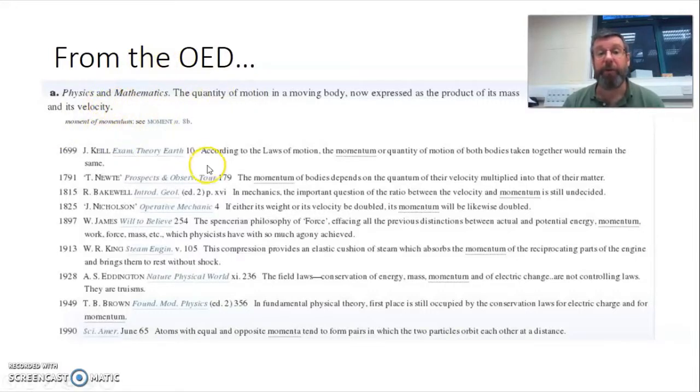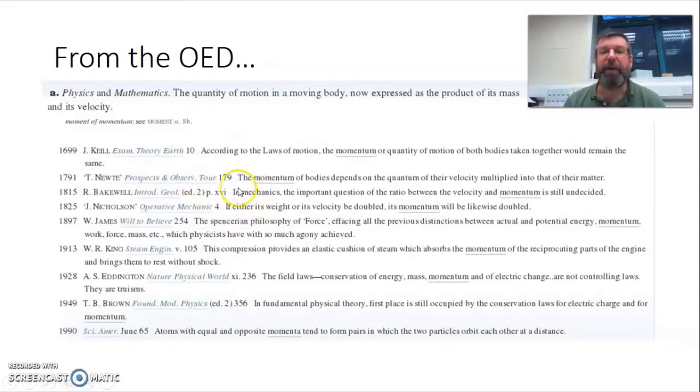And it refers to it, of course. According to the laws of motion, the momentum or quantity of motion of both bodies taken together would remain the same. That's talking actually about a collision in which momentum is conserved. And it clearly refers to the laws of motion being Newton's laws here, I think. The next one given here is 1791, almost the same date as the English translation.